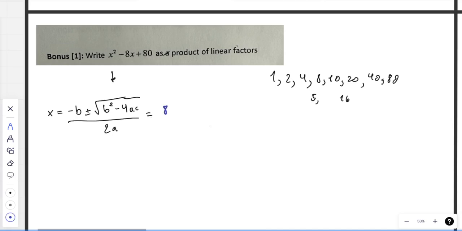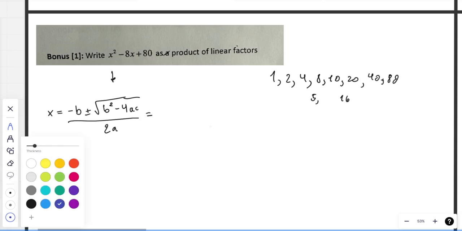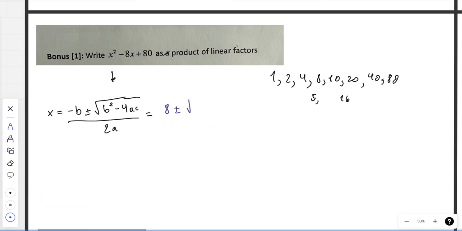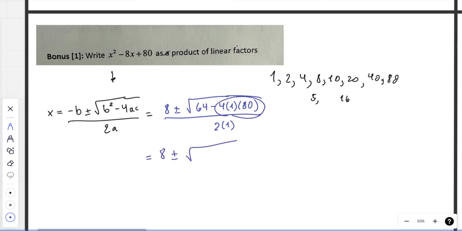It's going to be 8 plus or minus the square root of 8 squared minus 4 times a times c all over 2 times a. Simplify that out a little bit further. 8 plus or minus 64 minus 320. Anybody do that in their head?